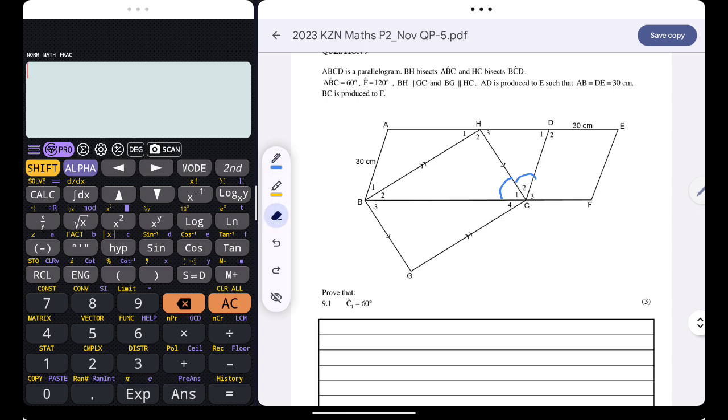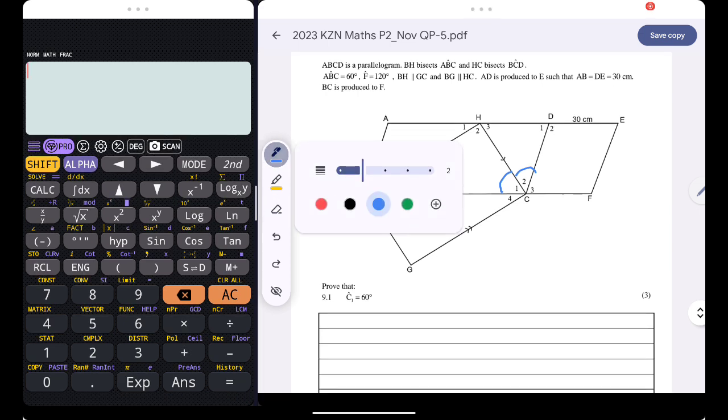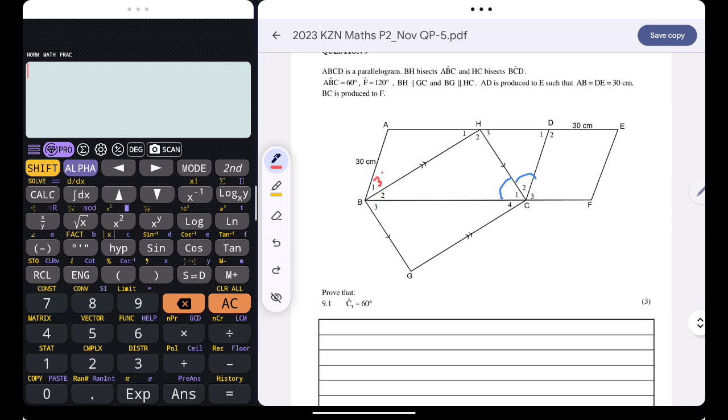So that means I simply have 30 degrees and 30 degrees over here. And then angle F is equal to 120 degrees. BH is parallel to HG, that's indicated.